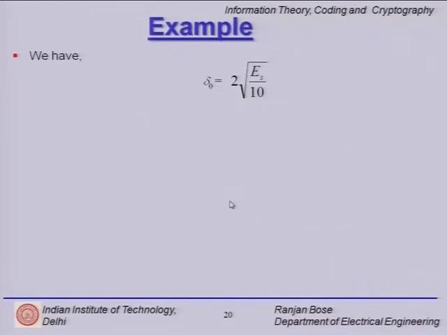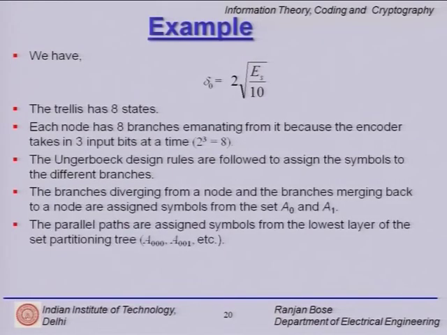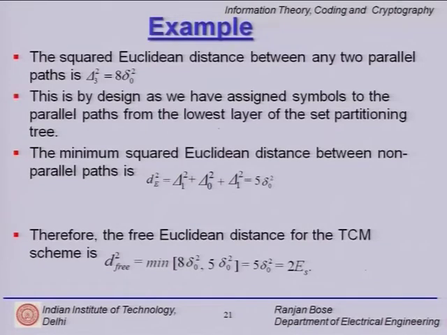So, if you calculate now the D free based on this, then you can find out what is the asymptotic coding gain. If you do the calculations about the squared Euclidean distance, then the minimum squared Euclidean distance between non-parallel paths is 5 delta naught squared, and if you look at the squared Euclidean distance between 2 parallel transitions it is 8 delta naught squared. So, we have been able to ensure that it is not the parallel transitions that are leading to D free squared.